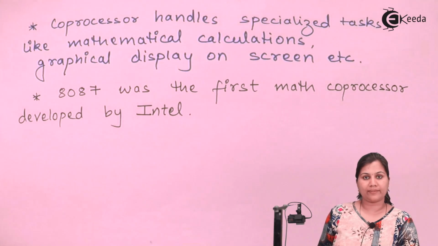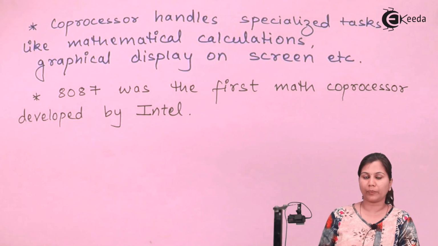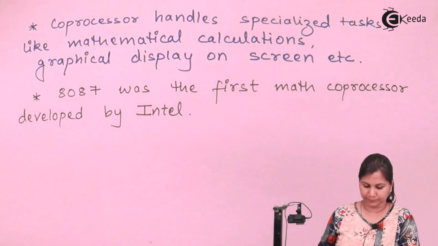So the 8087 was developed as a coprocessor for the 8086 and 8088 family of microprocessors.